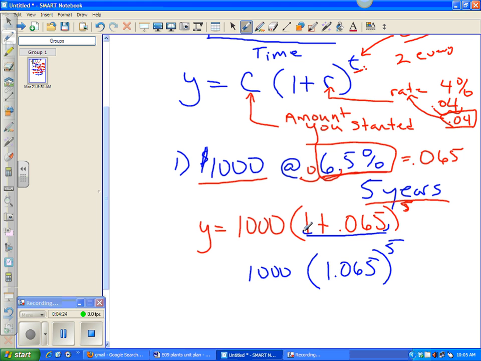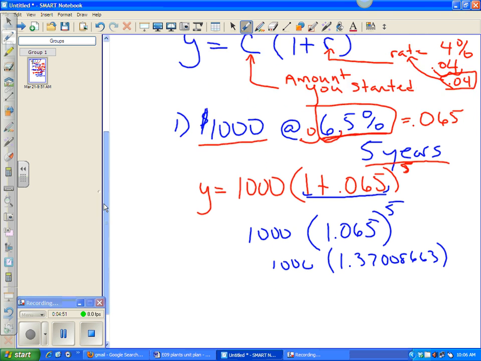Now let's use PEMDAS to raise 1.065 to the 5th power, which gives me 1.37008663. Some long number. Doesn't matter because my calculator is the one that's going to do it. And from here, I multiply this by 1,000, which now will give me an answer.